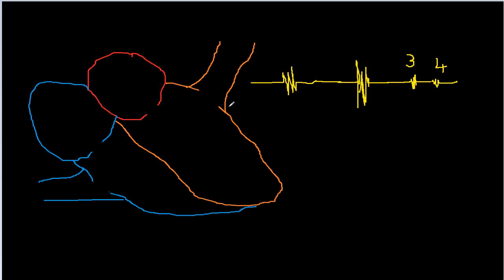So both the third and the fourth are the passage of the blood through the AV valves, but the third is due to passive passage of the blood from the atria to the ventricles, whereas the fourth heart sound is due to the passage of blood also from the atria to the ventricles, but due to active contraction of the atria.